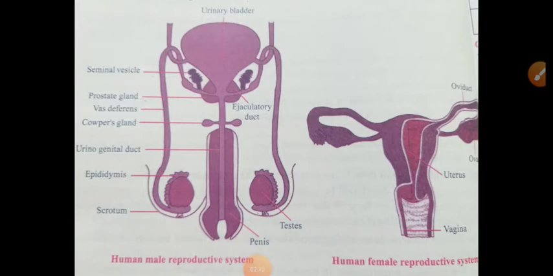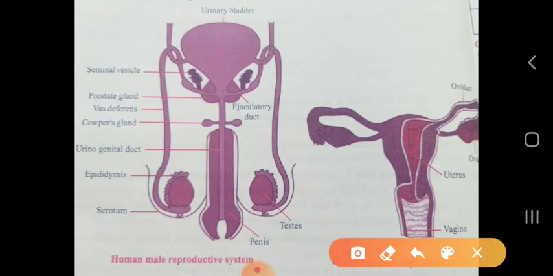We'll see here. This is the urinary bladder, this is the seminal vesicle, and here you can see the prostate glands. Then this is the vas deferens. You can see this tube, this is the vas deferens. These are Cowper's glands.